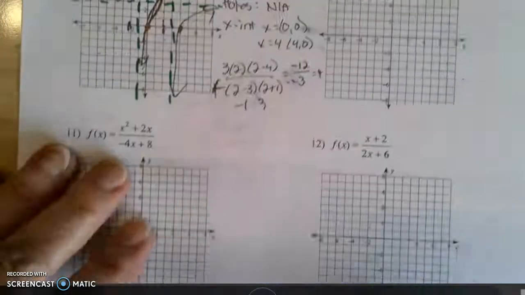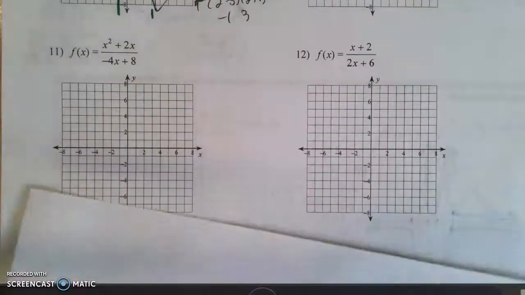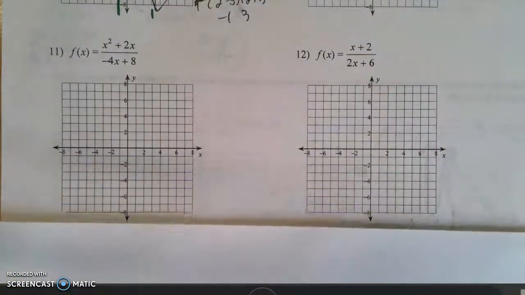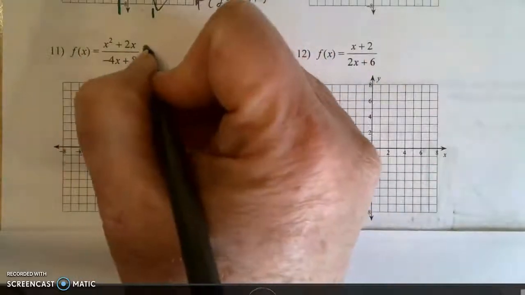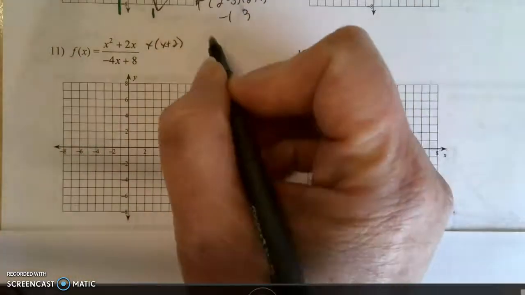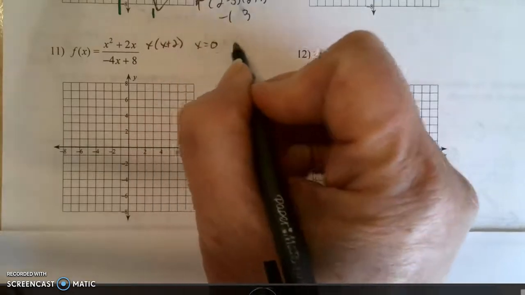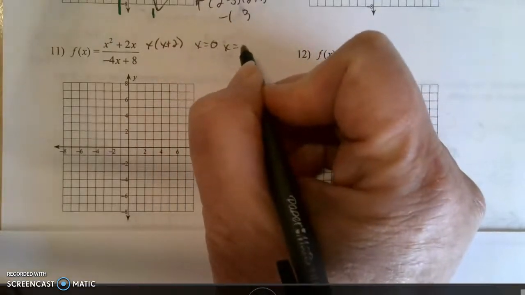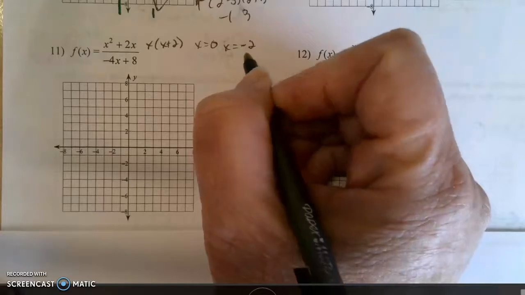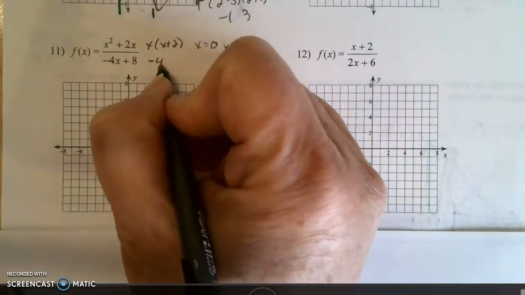All right, we're going to do one more on this, just to make sure you've got this oblique down. So I'm going to factor. So that gives me x equals 0 and x equals -2. Those are my x-intercepts, and I'm going to factor here.